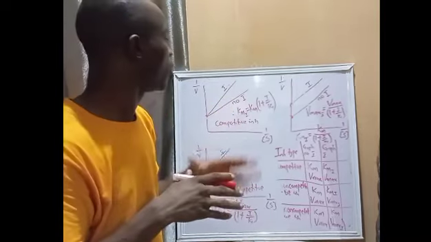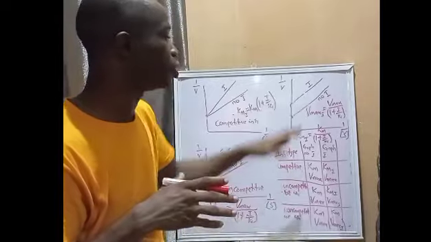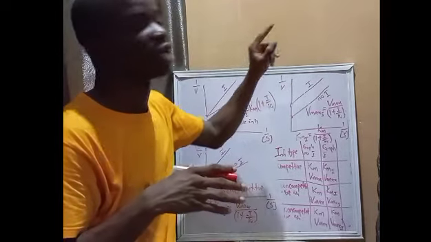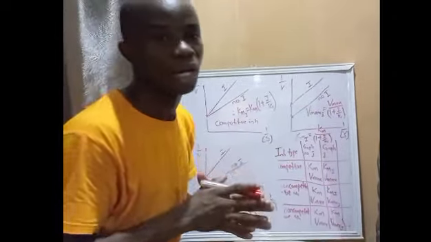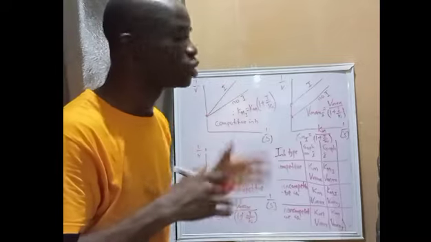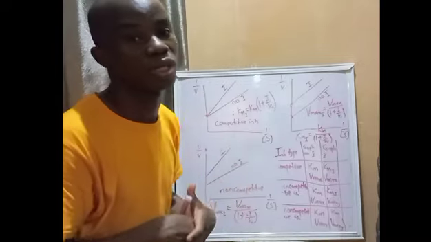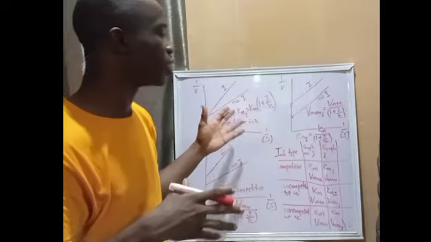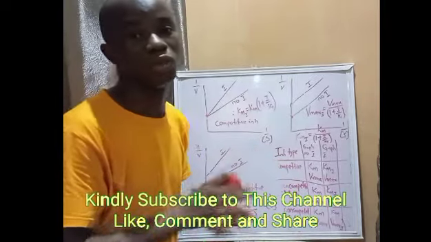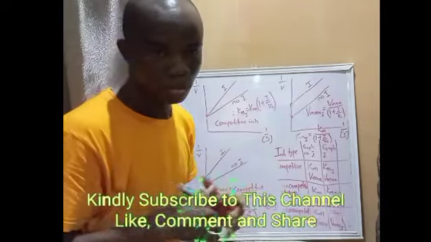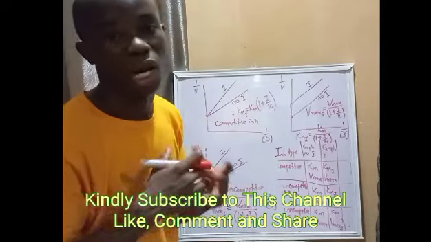And you can now apply what I've discussed here to determine the type of inhibition, at the same time get the value of your Ki. I think with this short explanation, you have gained one or two things which will be helpful to you in tackling questions that they might probably give you on this aspect of enzyme kinetics.